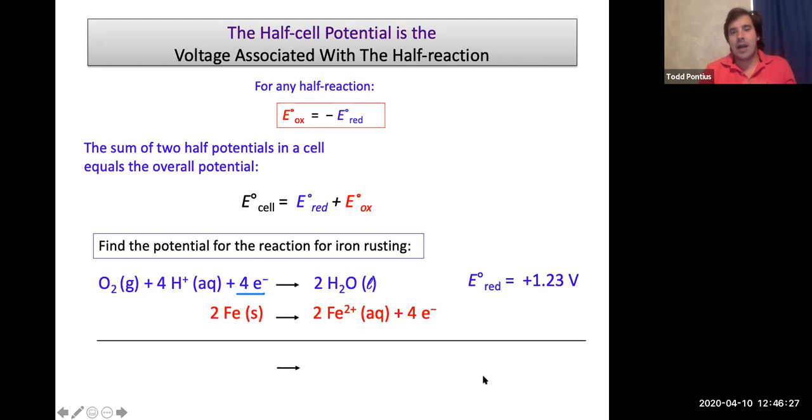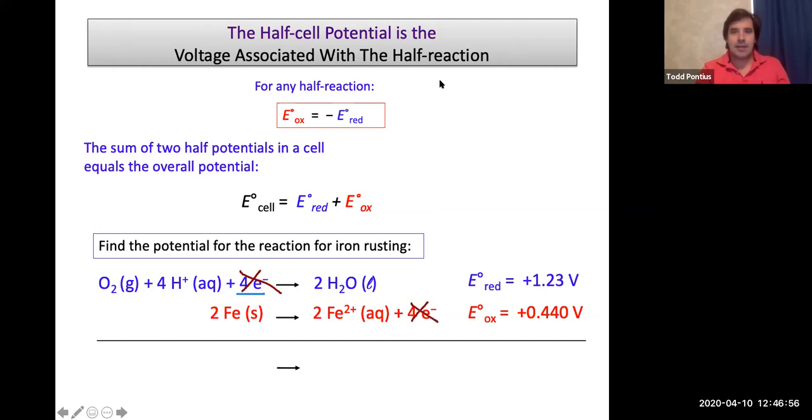The oxidation of iron, on the other hand, so iron going from a solid to iron 2+, iron corroding, well, it turns out that's also favorable. It has a standard oxidation potential of 0.440 volts. So if we combine these 2 reactions together, the number of electrons checks out. So the number of electrons cancels out if we were to combine these together.